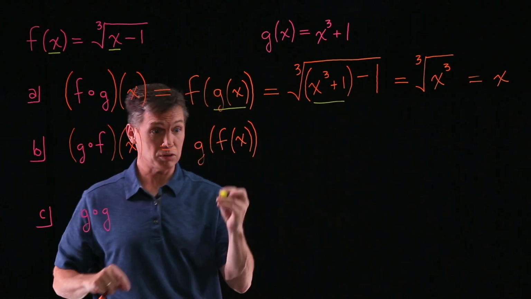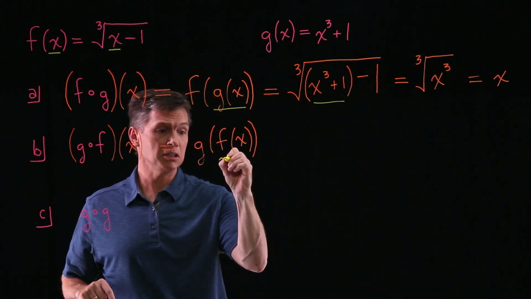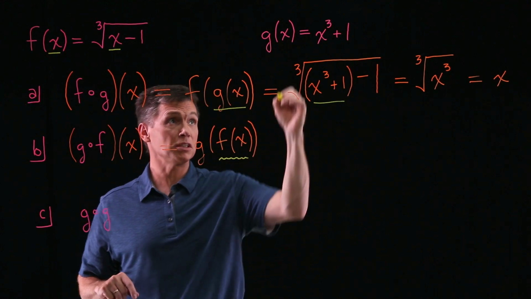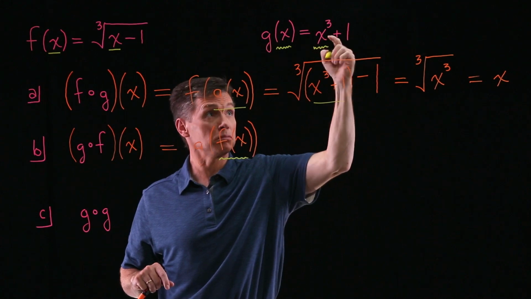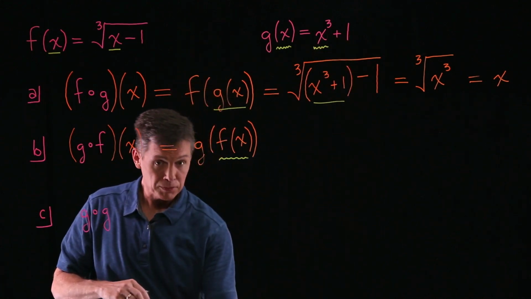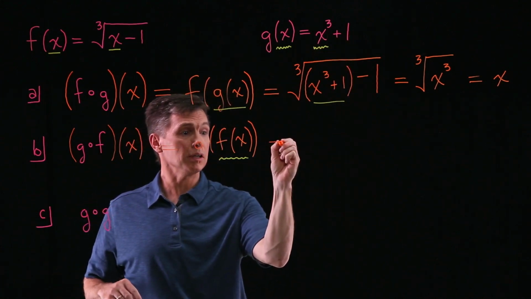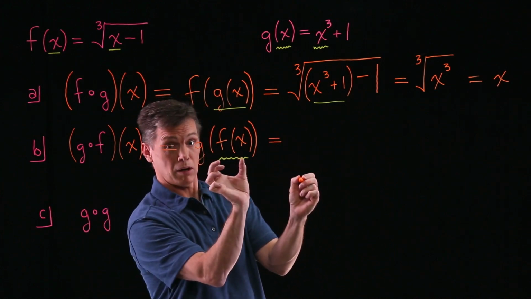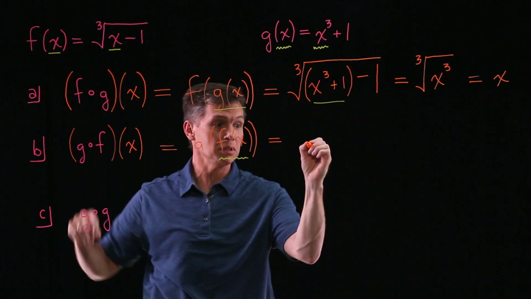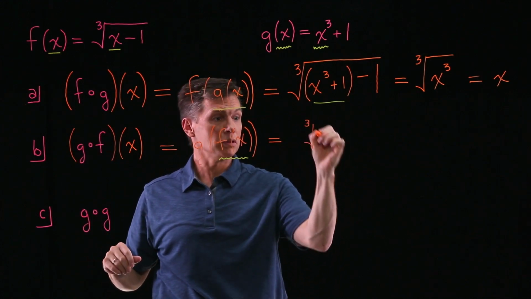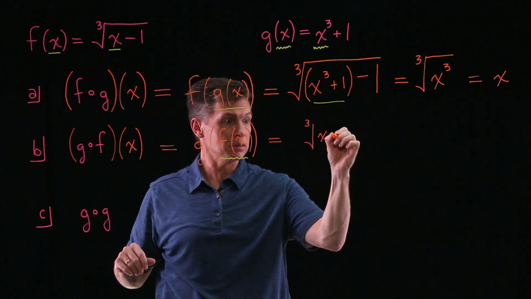Now back to function notation. This time the argument is going inside the g function. So here's the g function, and the argument is just cubed and then plus 1. So in my work, I'm going to say equals, my argument is all of f of x, so I'm going to grab the entire expression, cube root of x minus 1.